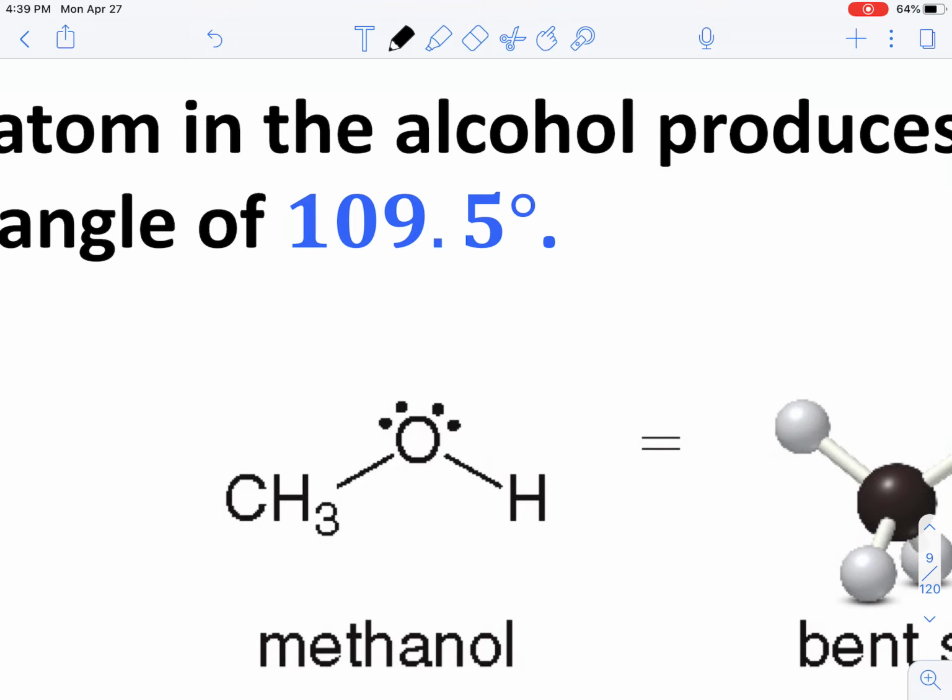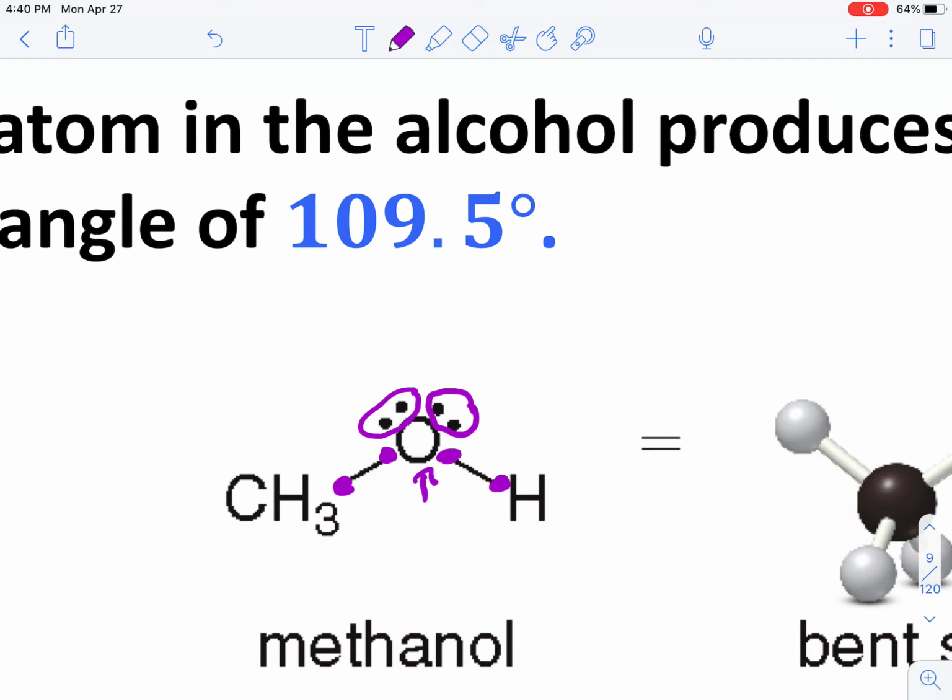We need to make sure that all of the oxygens have 8 electrons, whether shared or owned. So looking at this oxygen in methanol, notice that we have 1, 2 electrons, 3, 4 electrons. And the other 4 electrons to make our octet are going to be found as 2 lone pairs. So here's one lone pair, here's a second lone pair.